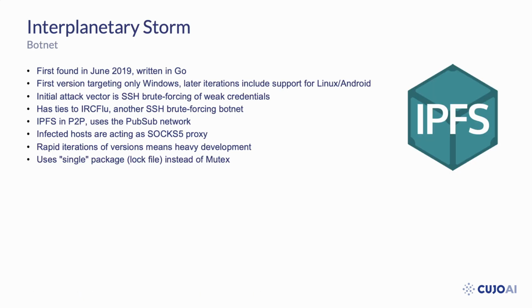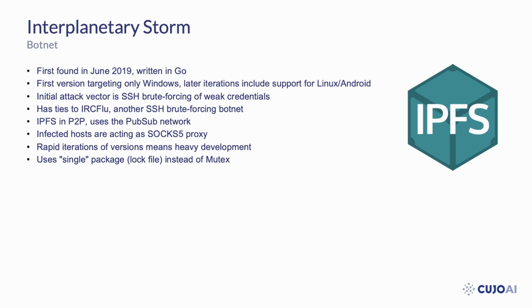The next interesting malware family is IP Storm. It was first found in June 2019, and it is obviously also written in Golang. Its first versions were basically targeting only the Windows platform, but later on the developers decided to include support for Linux and Android as well.